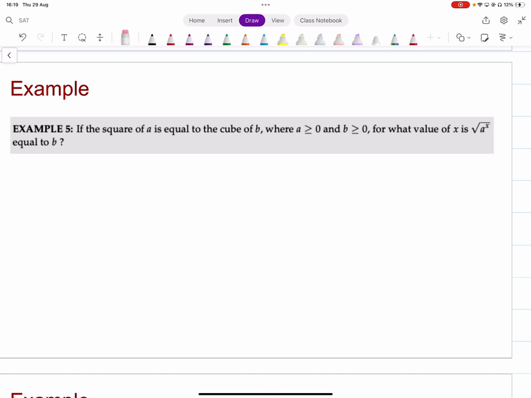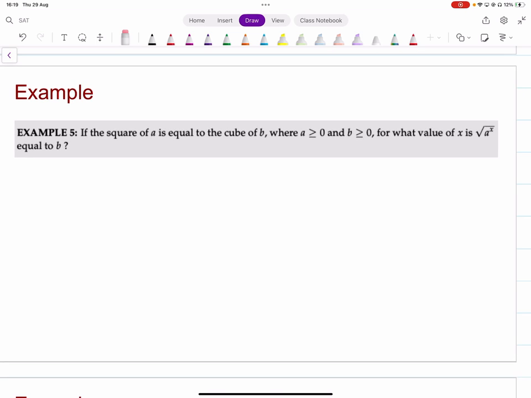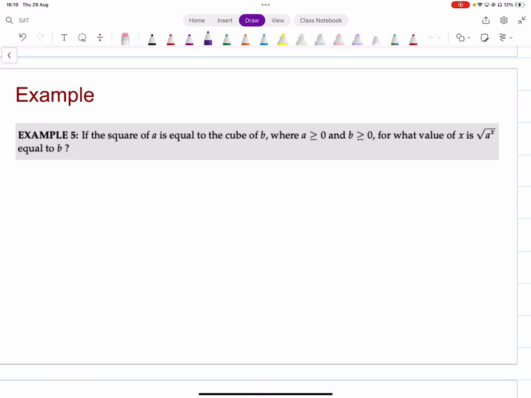Write the corresponding mathematical form for this statement. Square of a, what does that mean? a squared is equal to the cube of b, b cube. That's one equation that you have. Okay. For what value of x is square root of a raised to power x equal to b?